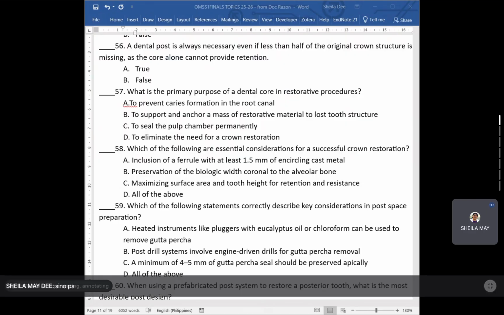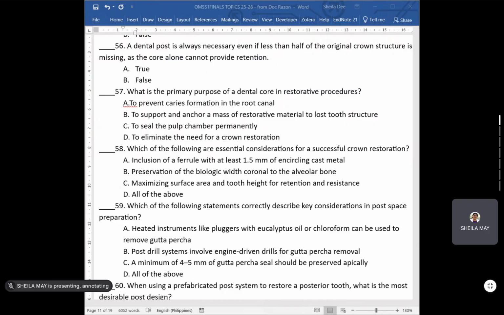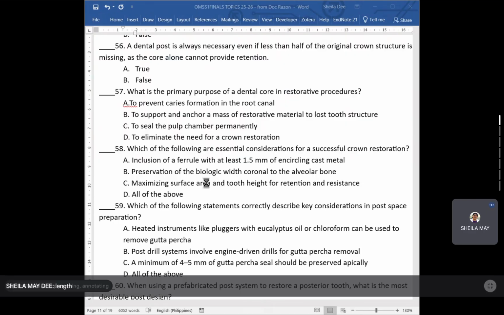Minimum, no? Meaning it can be longer. Minimum length of the post.